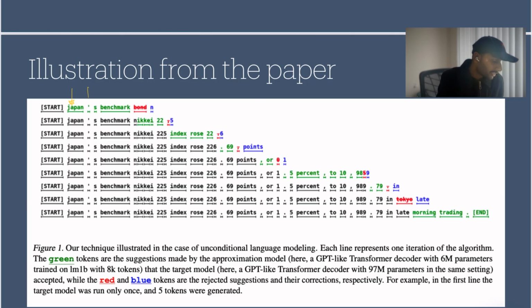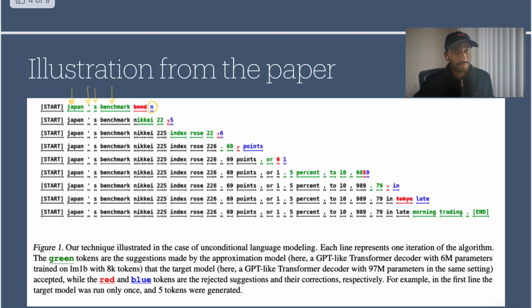The next one was predicted as apostrophe, accepted, S accepted, benchmark accepted. The word bond was not accepted by the target LLM, and the word itself got rejected. So we sampled from this new distribution, P prime X, and we got the word N.